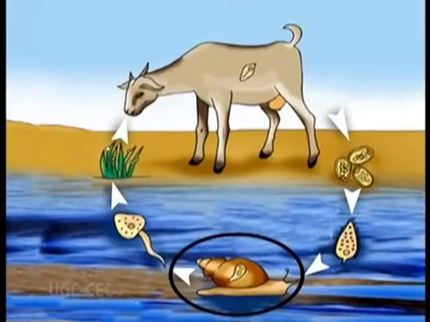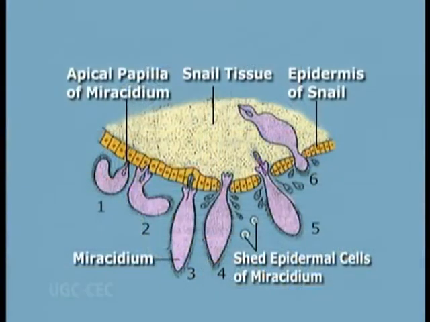If the Miracidium is not able to come into contact with Lymnaea, it will die within 24 hours. But when it comes into contact with Lymnaea, it enters the host body by a boring mechanism. You can see in the figure how the Miracidium larvae enter the body by the boring mechanism.